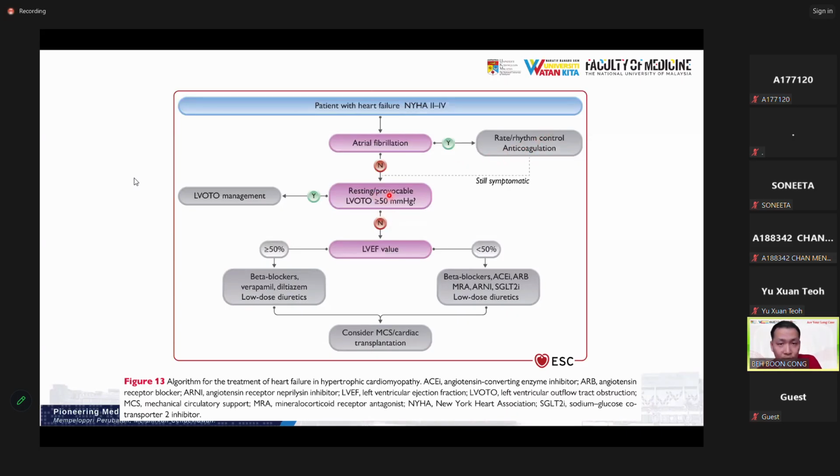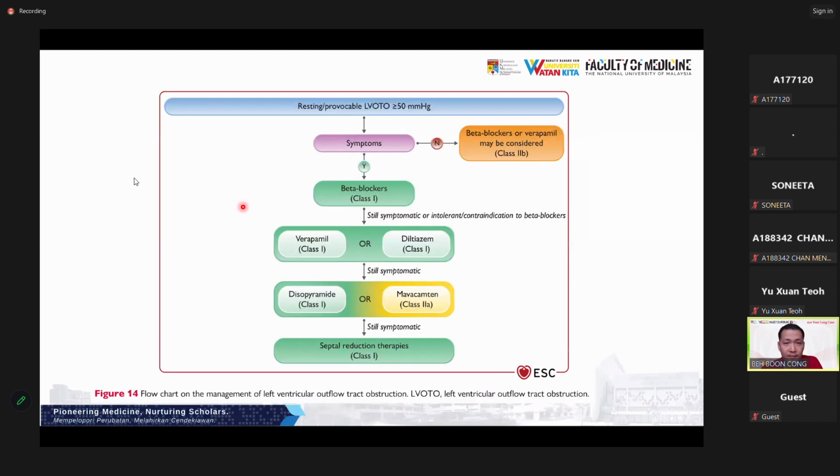For those that have this LVOT obstruction, you need to look at what you can do. For medical therapy, we can give medication to reduce the obstruction.